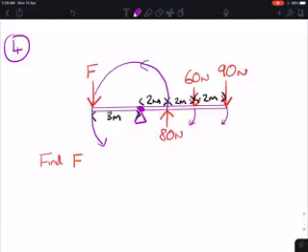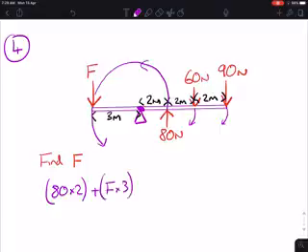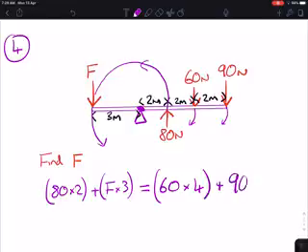Okay, so we've got our anti-clockwise moments, which is 80 times 2 plus F times 3. And that equals 60 times 4, because it's 4 meters away from the pivot, plus 90 times 6.